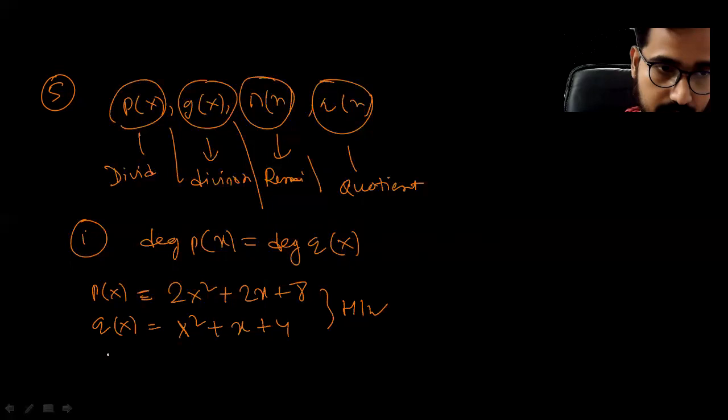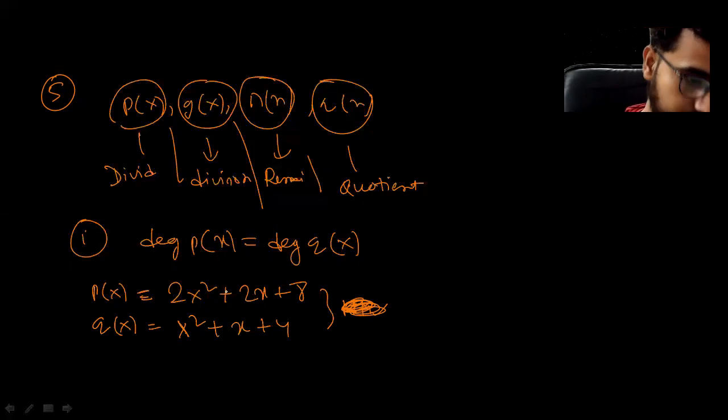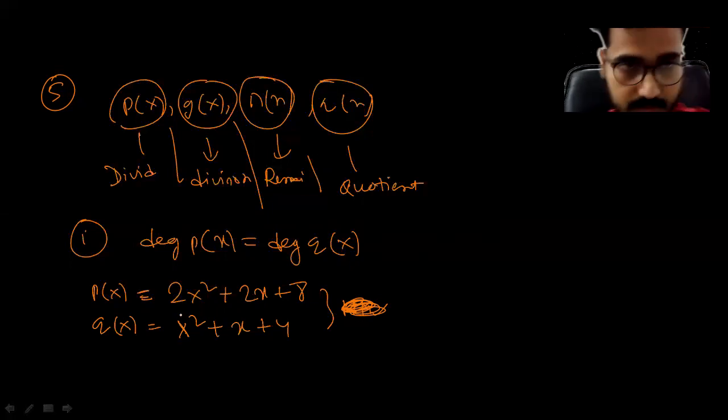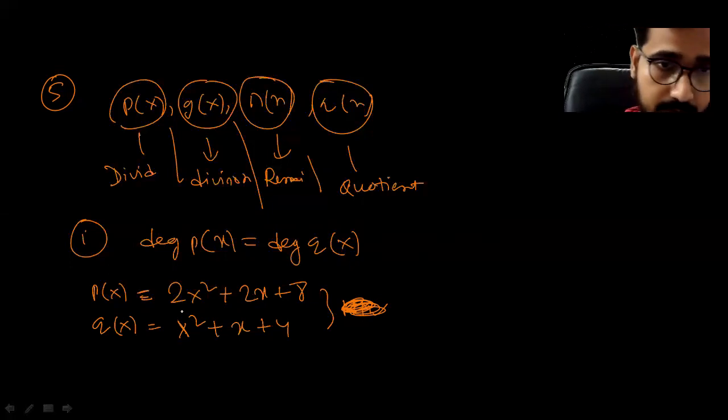Now see, not the division part, here you have to apply the division algorithm to find g(x), that means your divisor. So how can you find the divisor? Suppose g(x) is 2, then r(x) will be 0.